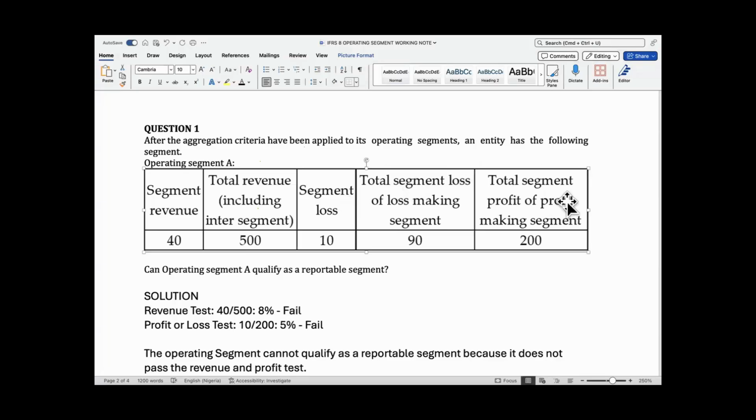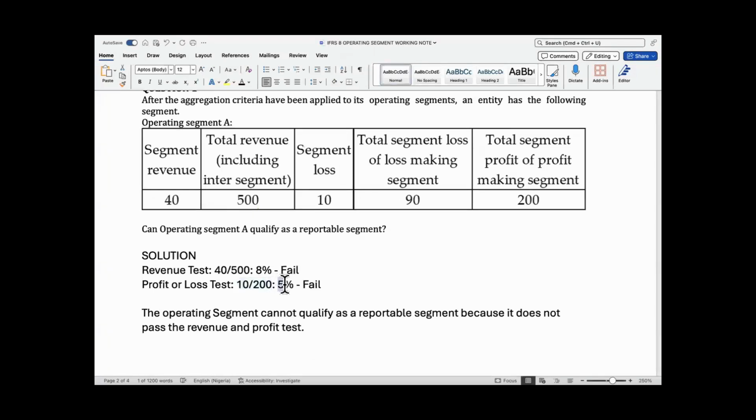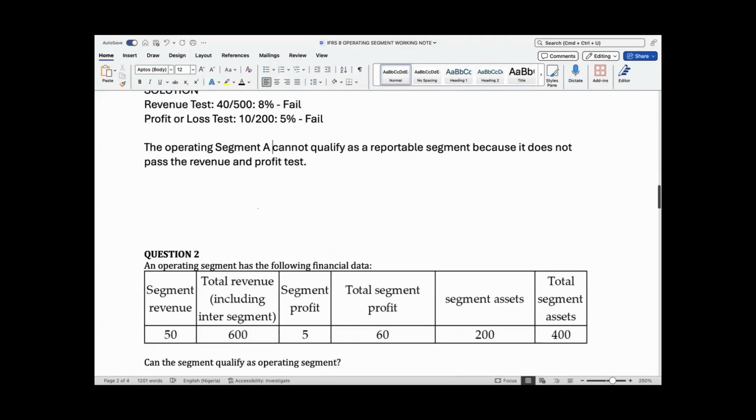What's the total segment profit? Which one is higher? In this case, it's the total segment profit that is higher, 200. Even though the segment itself made a loss, we still did 10 over 200 to do the profit test, and it failed because it is less than 10%. So this operating segment A cannot qualify as a reportable segment because it does not pass the revenue and profit test. So it won't qualify.